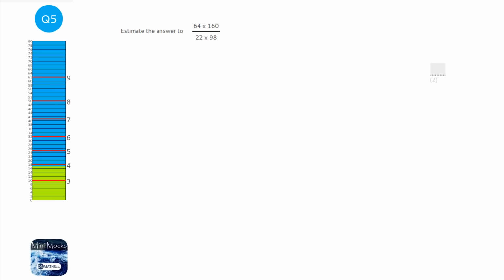Now, for 64, the line goes after the first digit for significant figures. That 6 will stay as a 6 because that 4 is less than 5. And that 4 will just turn to a 0. For 160, the line will go between the 1 and the 6. That one will round up to a 2 because the next number is 5 or more.